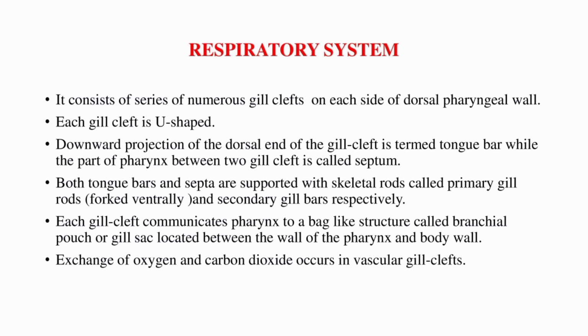Both tongue bars and septa are supported with skeletal rods called primary rods and secondary gill bars respectively. Each gill cleft communicates pharynx to a bag-like structure called branchial pouch or gill sac located between the wall of the pharynx and body wall. Exchange of oxygen and carbon dioxide occurs in vascular gill clefts.